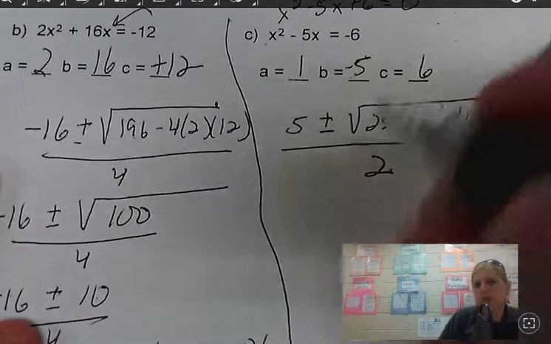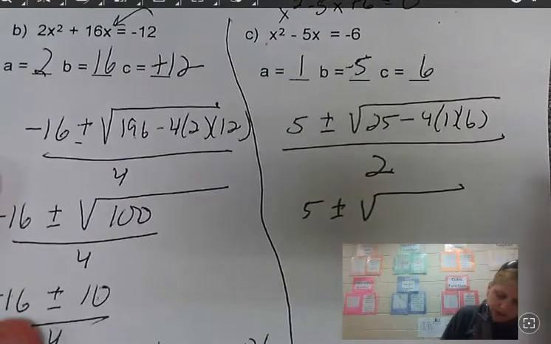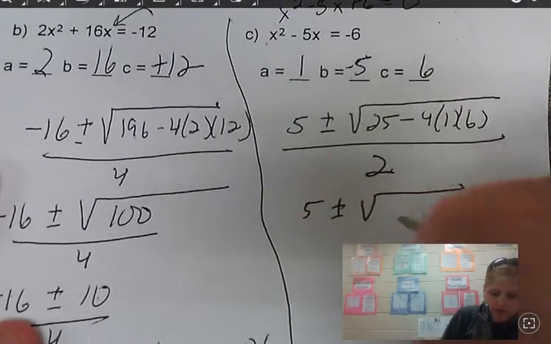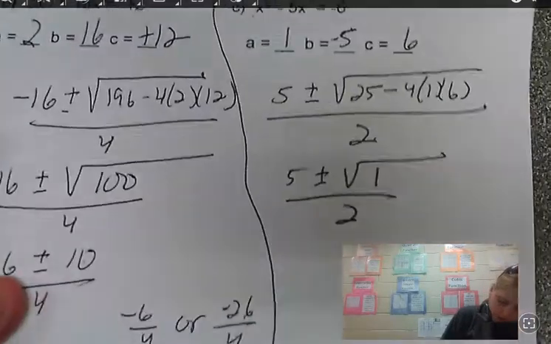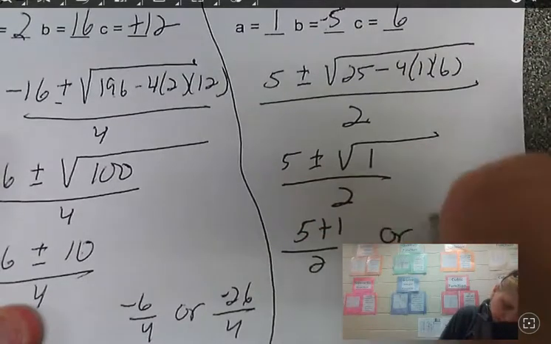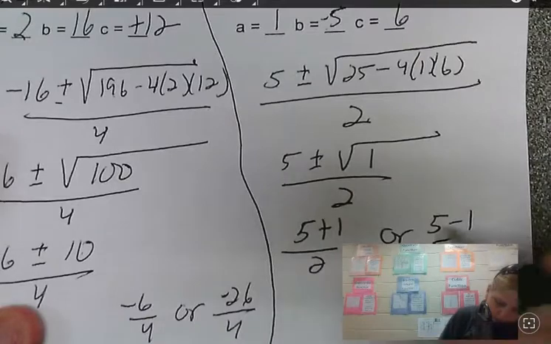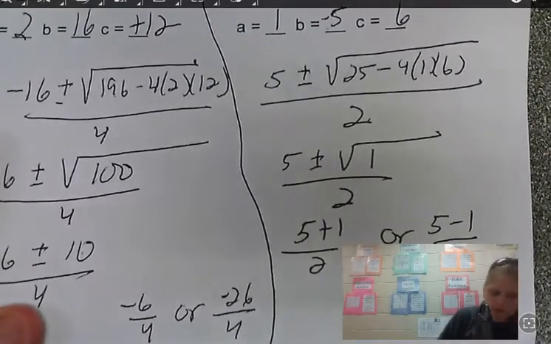So this would be 5 plus or minus the square root. Well, this is 4 times 1 times 6 is 24. 25 minus 24 is 1. So 5 plus 1 over 2 or 5 minus 1 over 2. 3 or 2 is my answer.